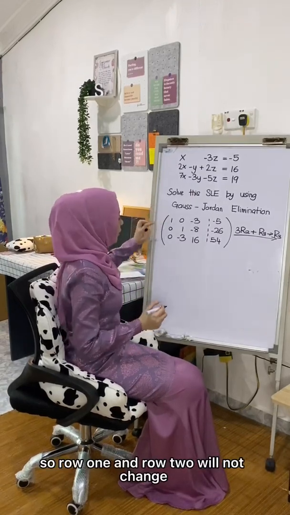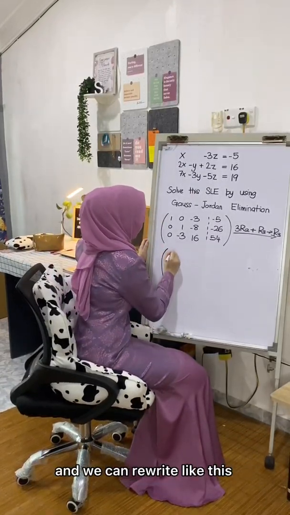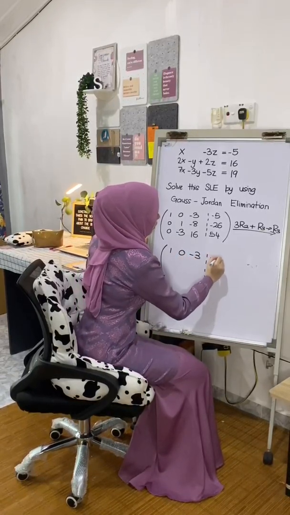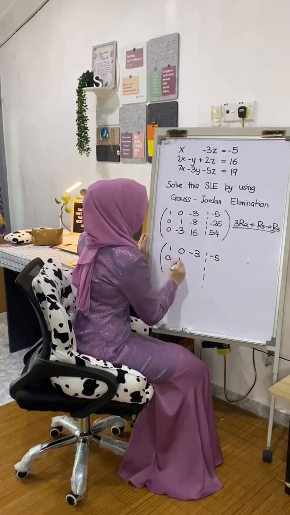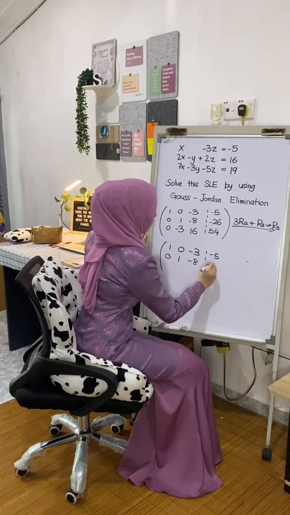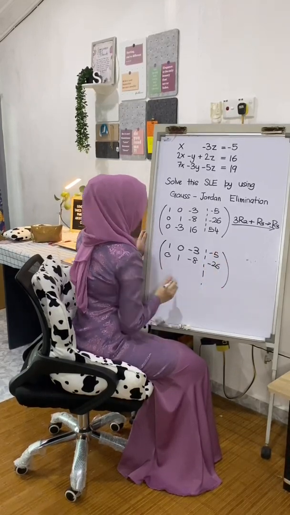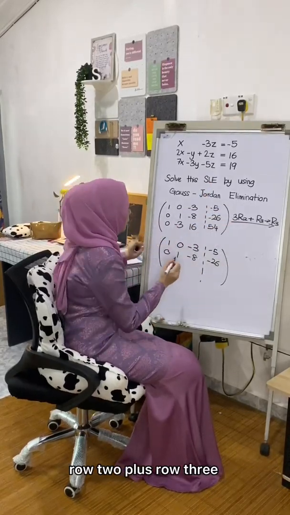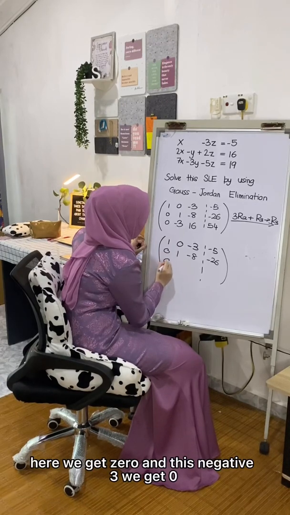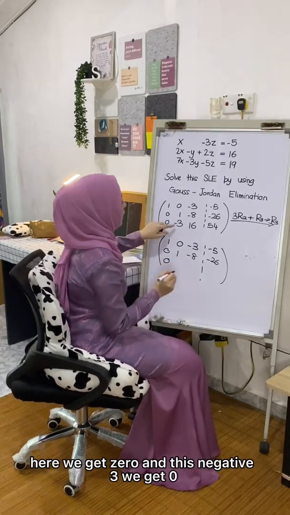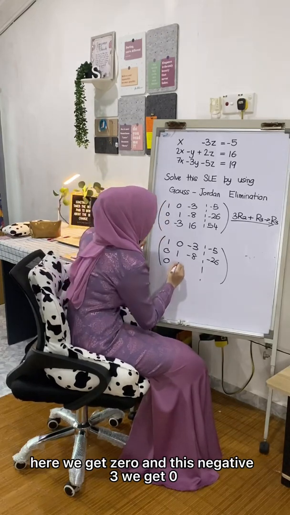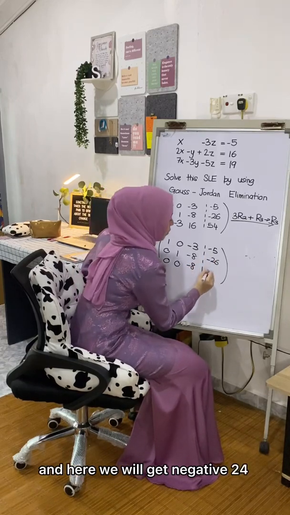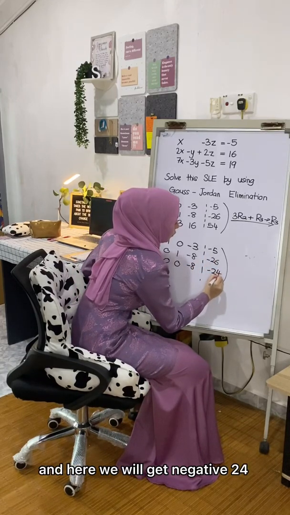So row 1 and row 2 will not change and we can rewrite like this. And row 3, we change 3 row 2 plus row 3. Here we get 0. And this negative 3, we get 0. Here we will get negative 8. And here we will get negative 24.